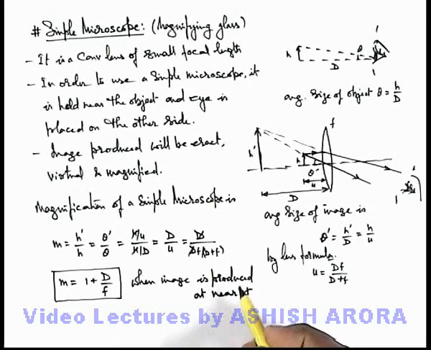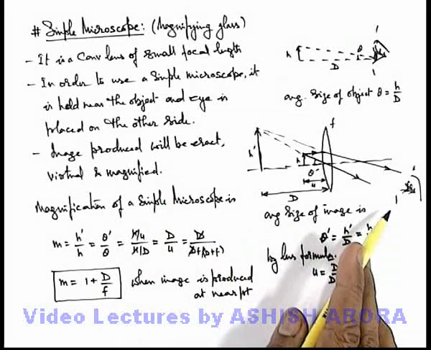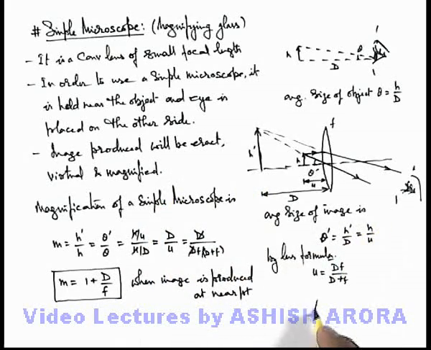Another case we can see is when the image is produced at infinity, when the eye is not having any strain. So for the same lens having focal length f, if the object of the same size h is placed exactly at a distance of the focal length of the lens, then we know its image will be produced at infinity, because the rays incident on the lens from the object will become parallel after refraction.